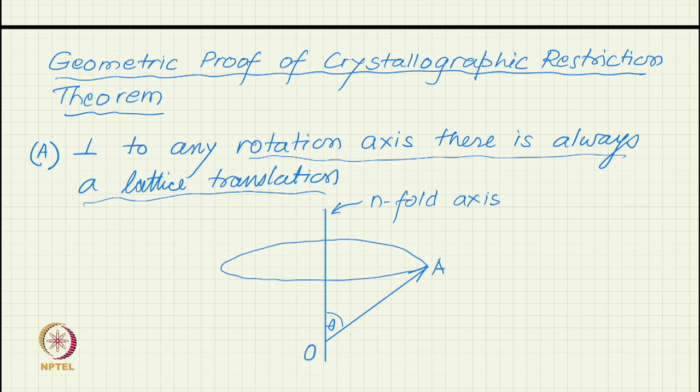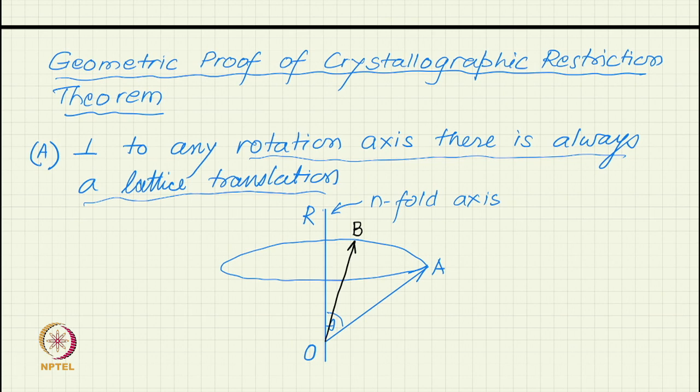So, OA is a translation, OR is the rotation axis, and since it is a rotational symmetry axis, it will rotate things around it. So, if OA is one lattice translation, to maintain the symmetry, there should be another. If I rotate this by whatever n fold it is, after one operation, I should get another lattice translation OB.